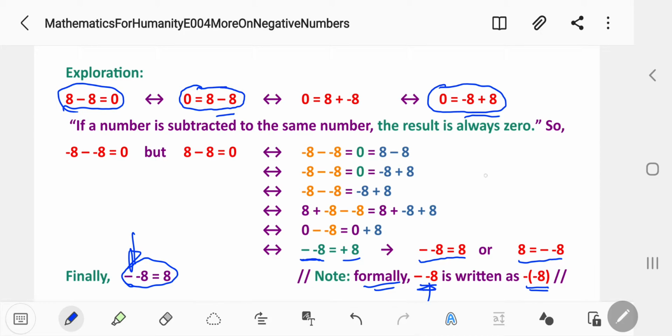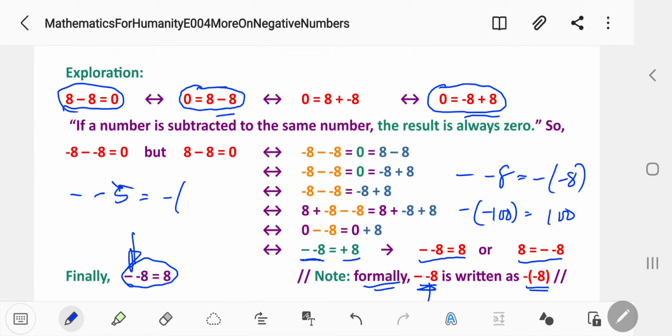So negative of negative 8 is just equal to 8, or negative of negative 100 is just equal to 100, or negative of negative 5 is just equal to 5.